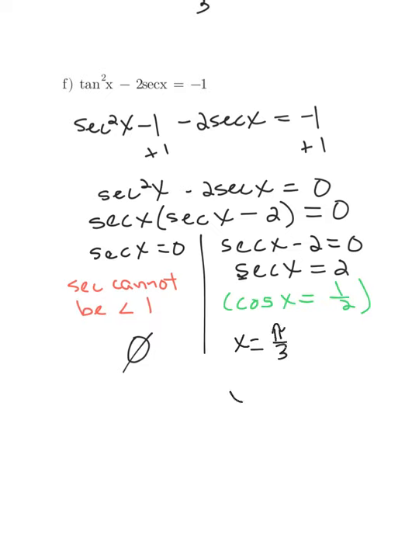In quadrant 4, that is 5 pi over 3. If you think about it, quadrants 1 and 4 are side by side. Anytime your answers come from side by side quadrants, you have to write plus 2 pi k on each answer. And on these, k is always an element of the integers.